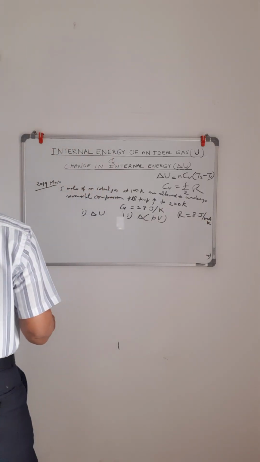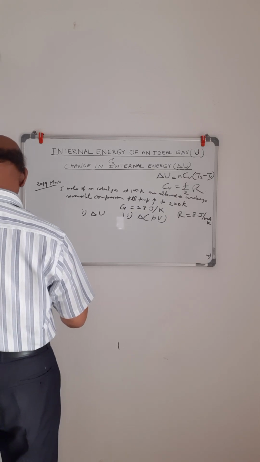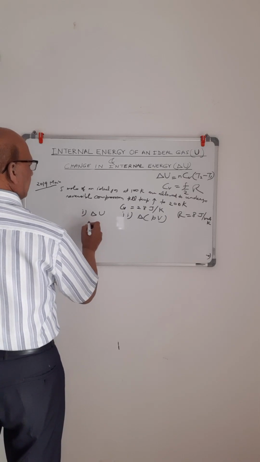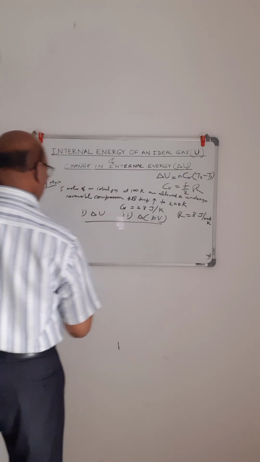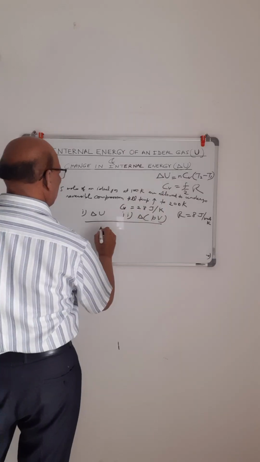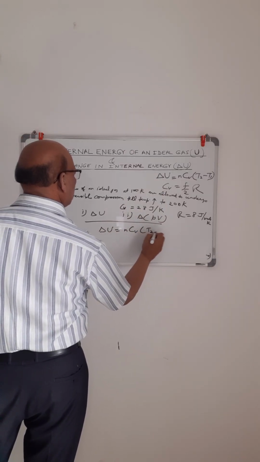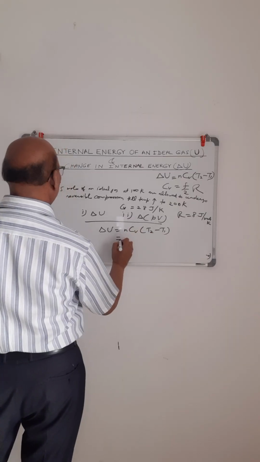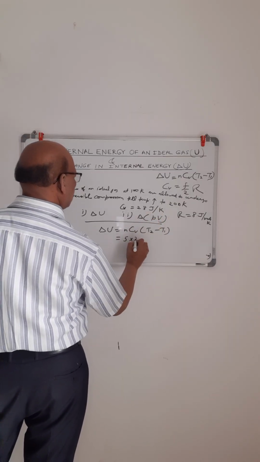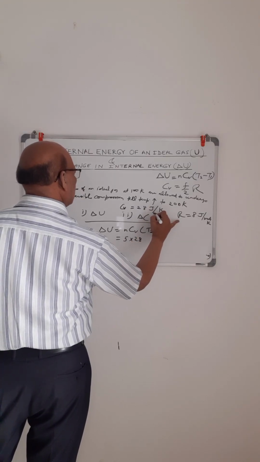This is given to us, and there are 4 options given to us for these values, but we have to find out delta U and delta PV. So how we will do? We will apply the same formula, that is delta U equal to nCV (T2 minus T1). Here n is 5 moles and CV is given to us, that is 28. This will be joule per mole Kelvin actually.